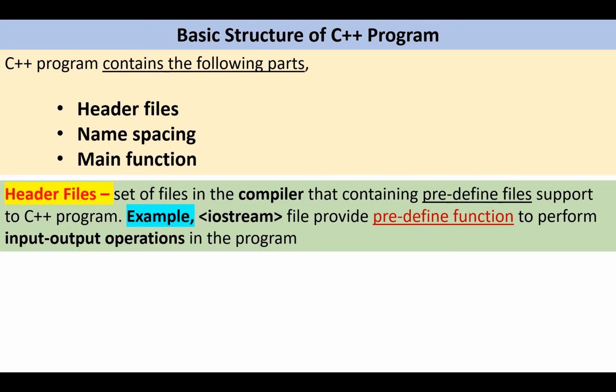Right, then the next section, called namespacing. Namespacing is a specific region in the computer memory, normally assigned by the C++ compiler. Namespacing contains all the variables and functions needed by our program.